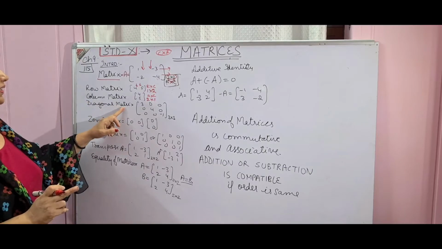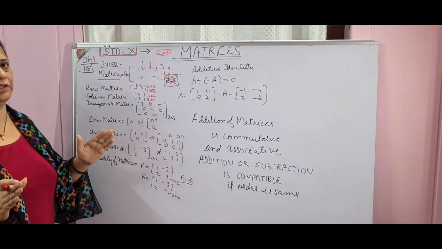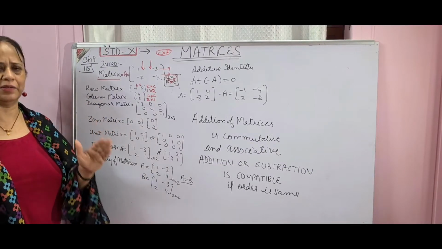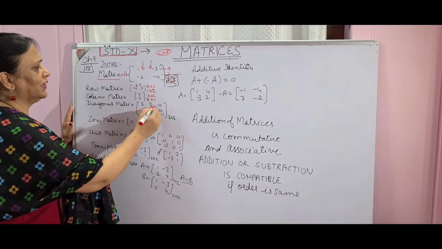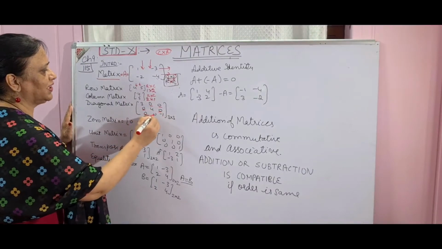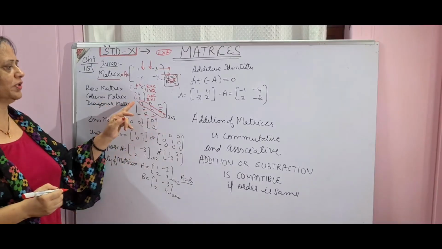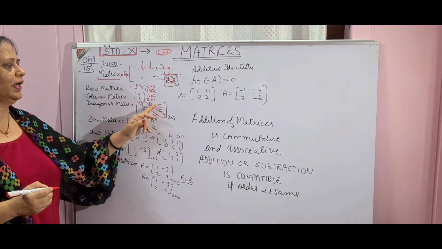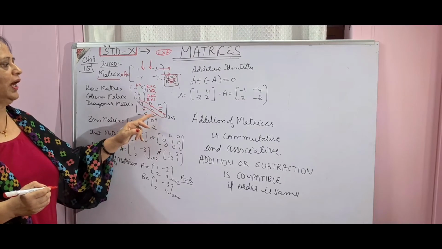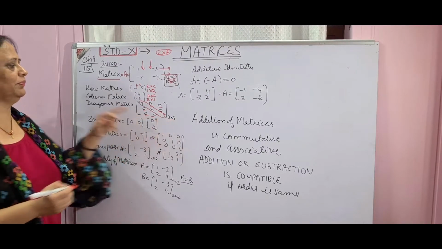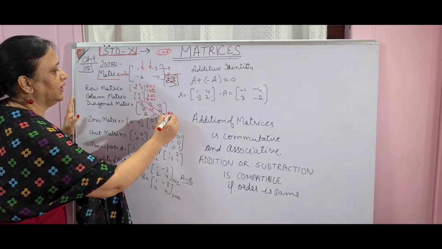Then the diagonal matrix. See, what is a diagonal matrix? Let me explain it to you. A diagonal matrix is a matrix in which all other elements are 0 except the diagonal. In the diagonal, I have put the members 3, 4 and -1, and all other elements are 0. This is 3 by 3, meaning 3 rows and 3 columns.